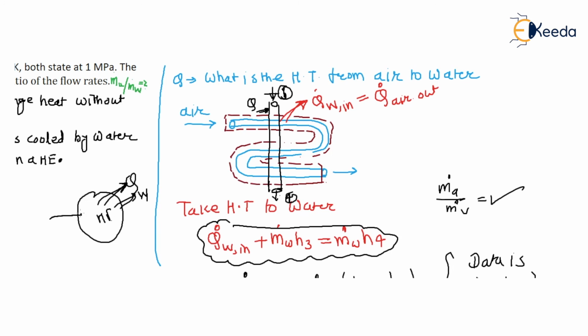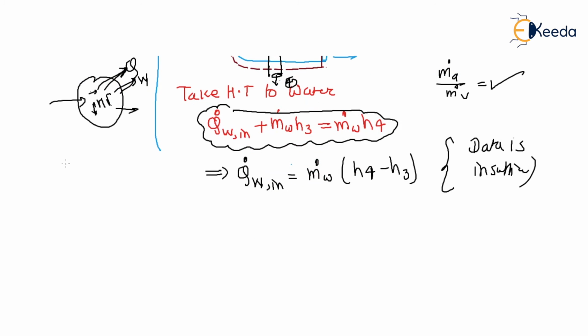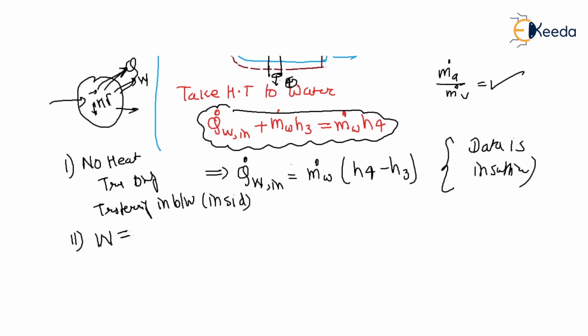Only mass in and mass out, but the heat transfer takes place within the system. So what are the features? Number one, no heat transfer out, only transfer inside. Number two, no work transfer.